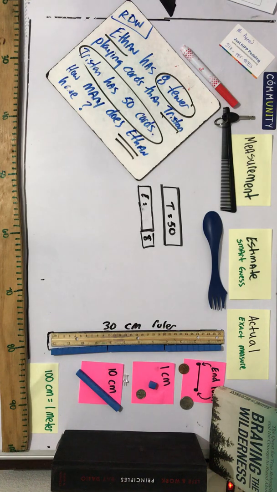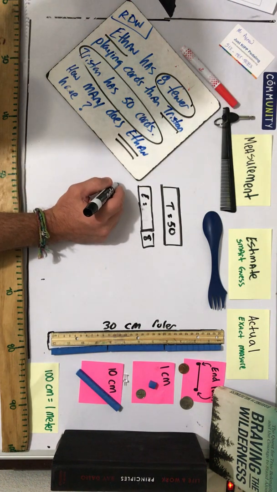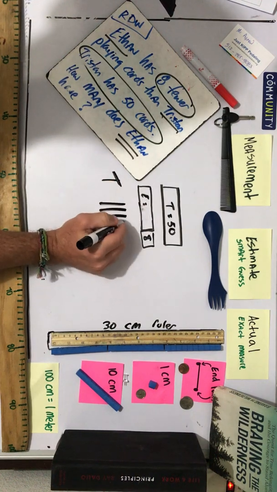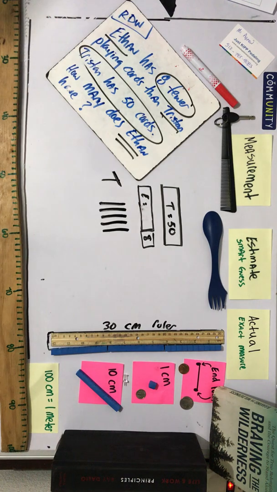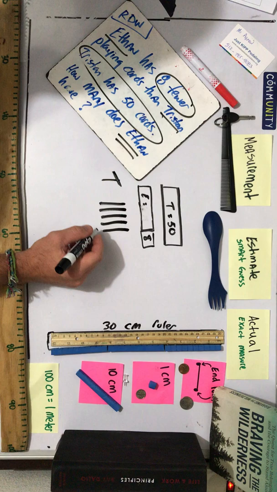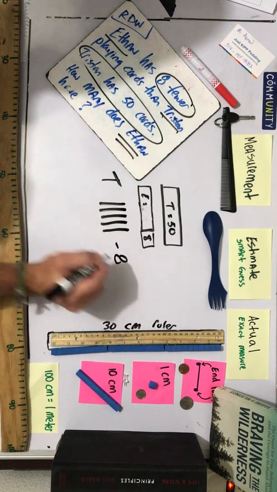Okay, so let's draw our picture. Tristan has, let's go, T has 10, 20, 30, 40, 50. Ethan has less, 8 less. So Ethan has 8 less. So we need to do T minus 8.